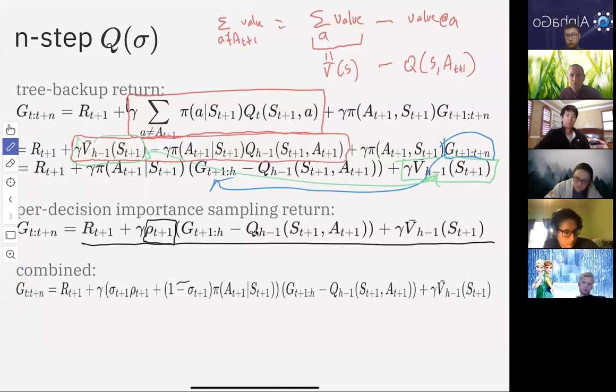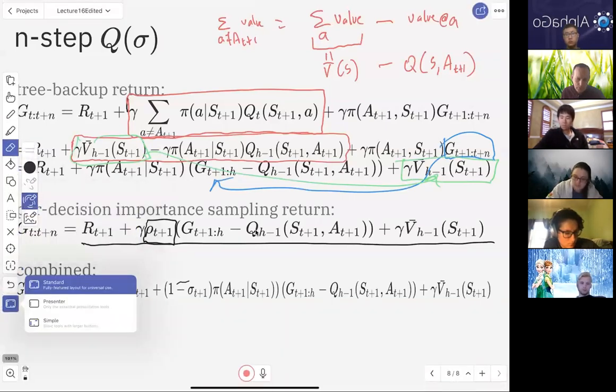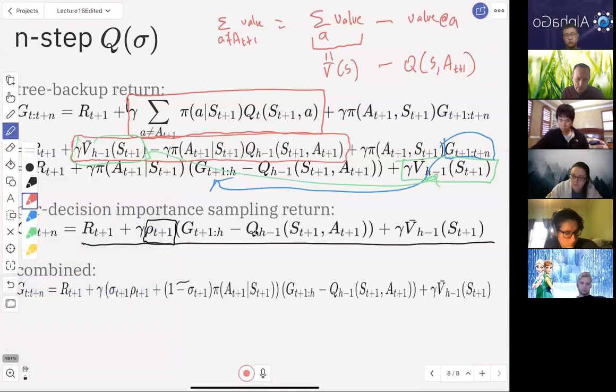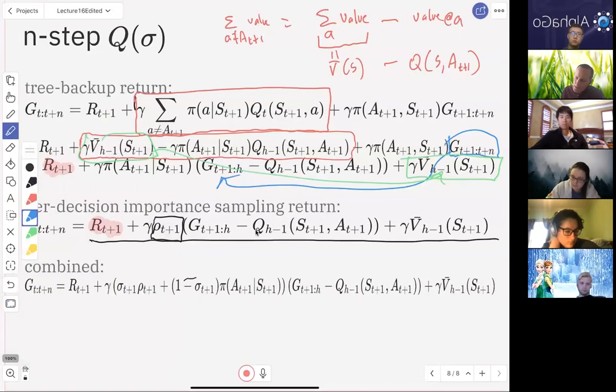They both start with an R_{t+1}. So we've got an R_{t+1} here and an R_{t+1} here. They both end with a gamma V_{h-1} of S_{t+1}.